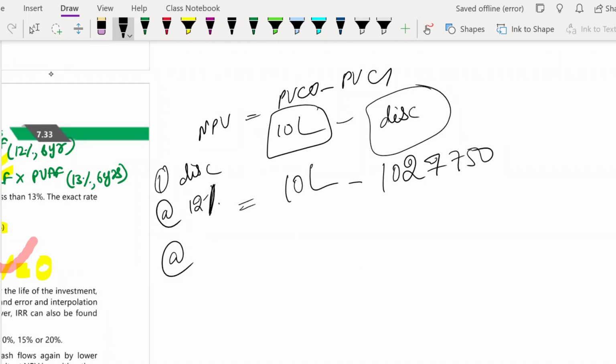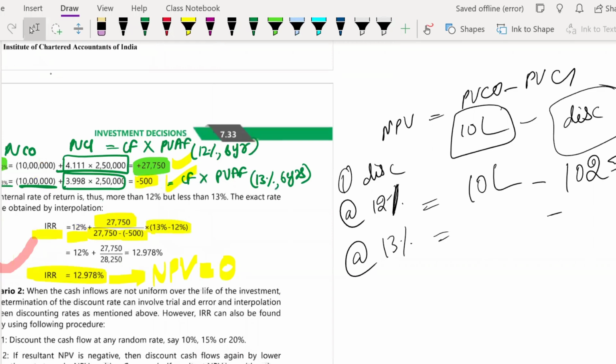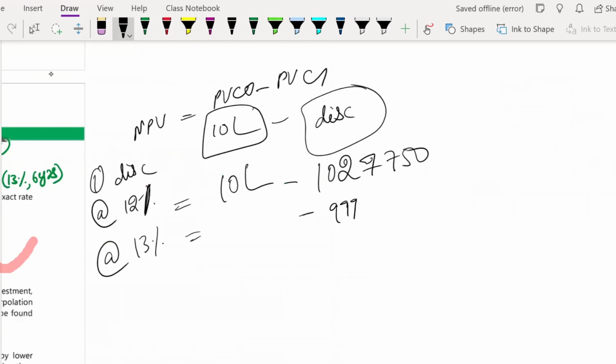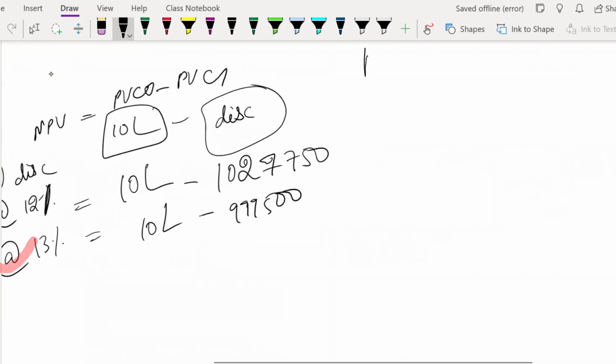If you discounted the cash inflows at 13%, you would have got a present value of cash inflow of 2,50,000 into 3.998, which is 9,99,500, and 10 lakh would be your cash outflow. So now how do you find out NPV? NPV is nothing but your present value of cash inflows minus present value of cash outflows.